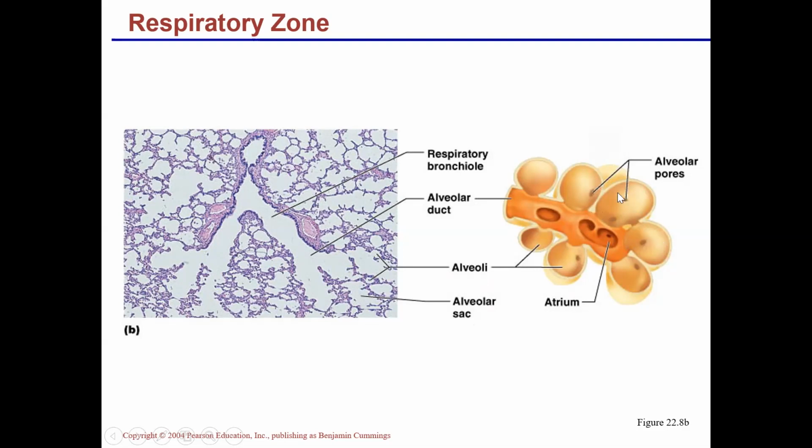If you look at this structure right here, at the end it's kind of like grapes, a lot of alveoli attached to a common area. This is the alveolar duct, but this whole structure right here is called the alveolar sac. So this tubular structure, the alveolar duct, is connected to multiple alveoli. That's called the alveolar sac.